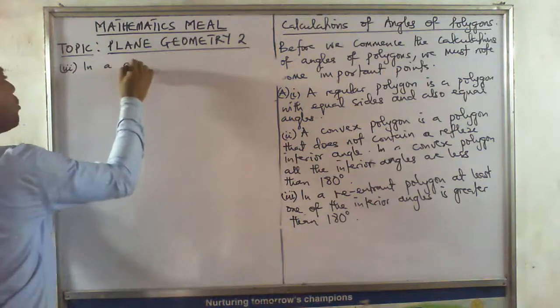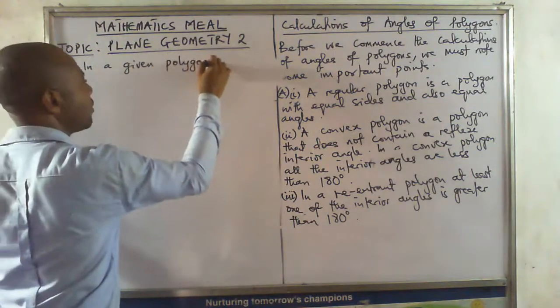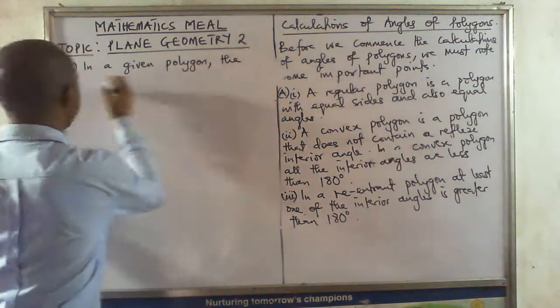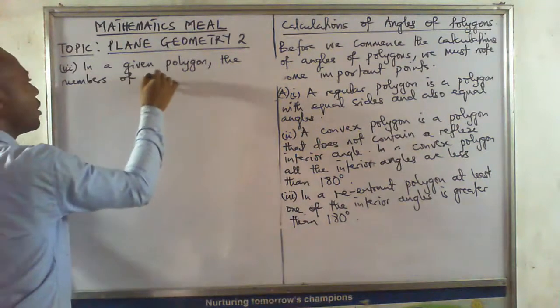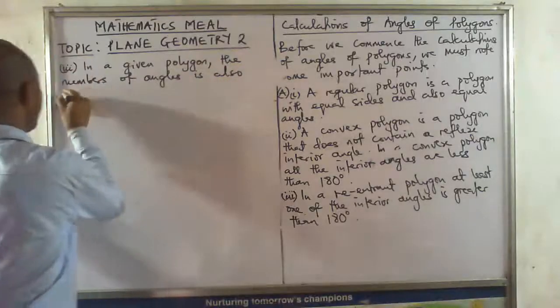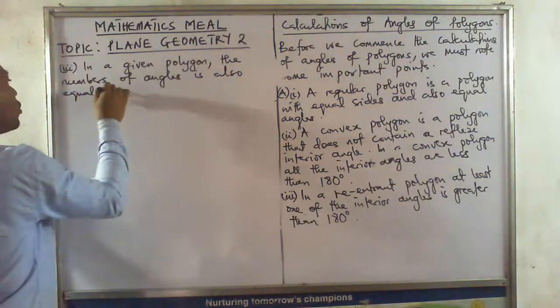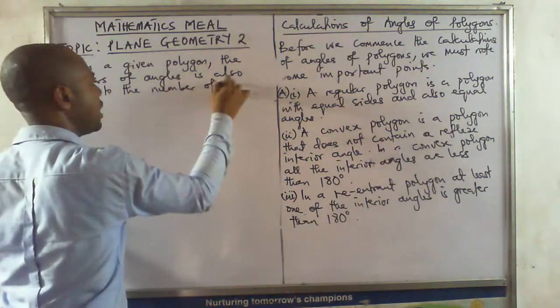Okay, then third, in a given polygon, the number of angles is also equal to the number of sides.